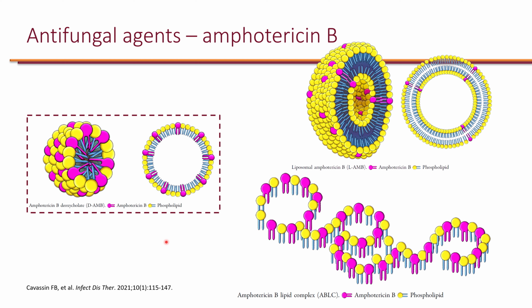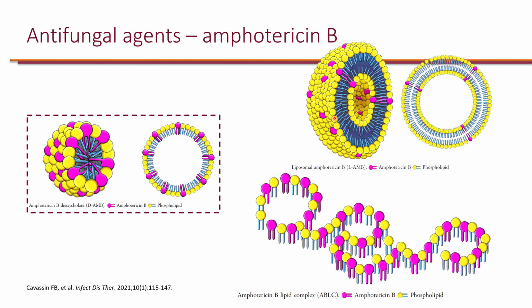Now, there are different formulations. The classic one is amphotericin B deoxycholate, which is essentially the smallest molecule, here on the left. It's less than 25 nanometers. But in order to improve tolerability and reduce all those nephrotoxicity issues, there are lipid formulations.